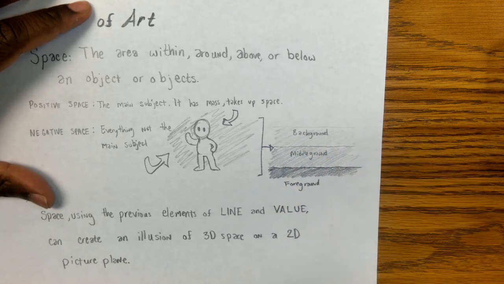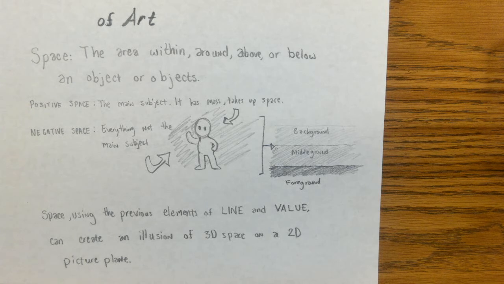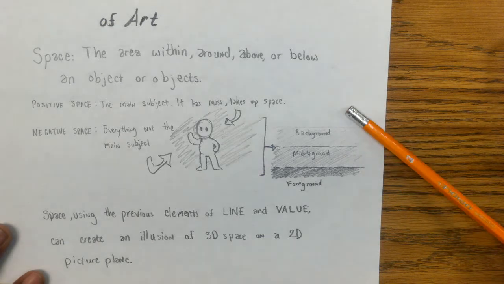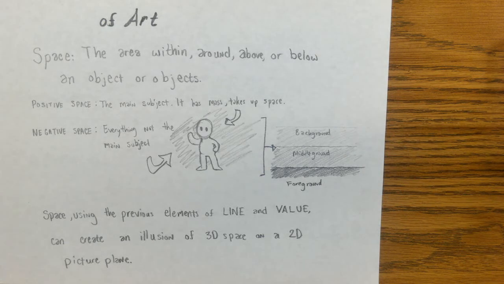Now, classically speaking, when dealing with space, objects in the foreground will appear closer to the bottom, objects in the background will appear more towards the top. And that has not really changed, however, we have expanded our horizons from that.